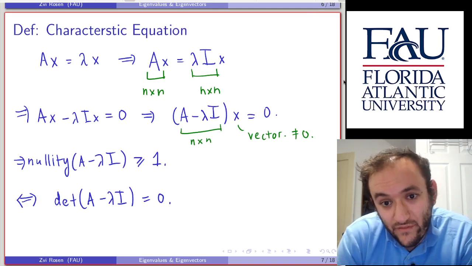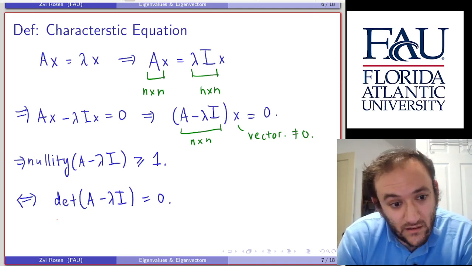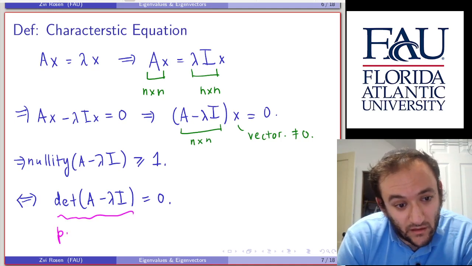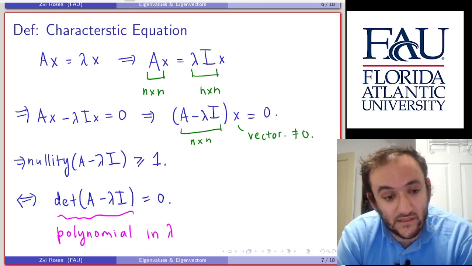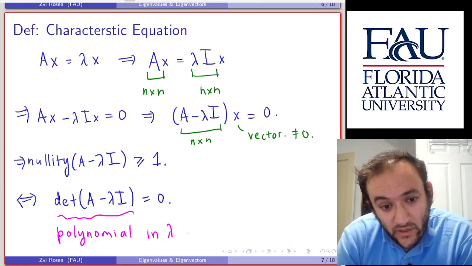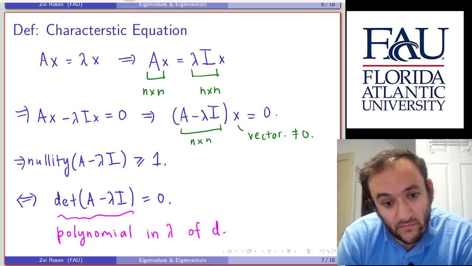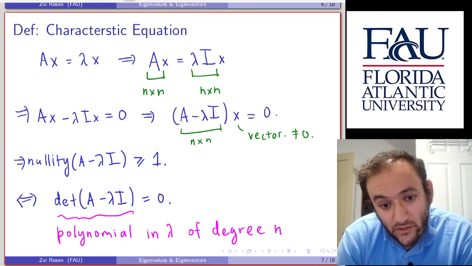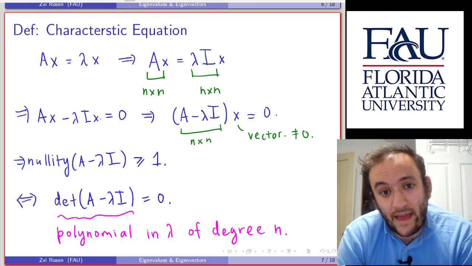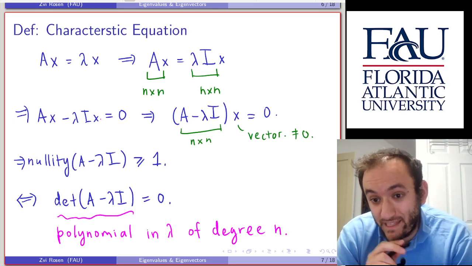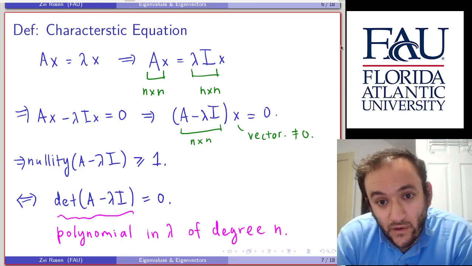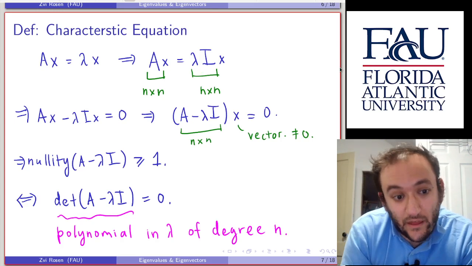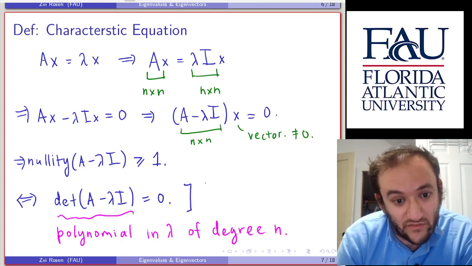And what we have in this final equation is a polynomial in lambda, where lambda is our variable in this equation, and it's a polynomial of degree n, where n is the dimension of the matrix. And by solving the polynomial in lambda, we'll find all possible eigenvalues of the matrix. Okay, let's see this in action. And by the way, this is called the characteristic equation of A.